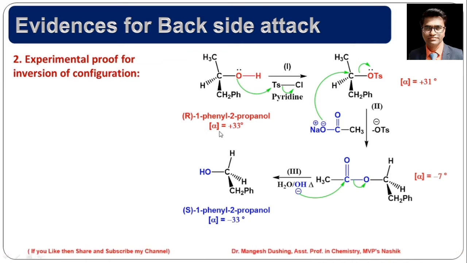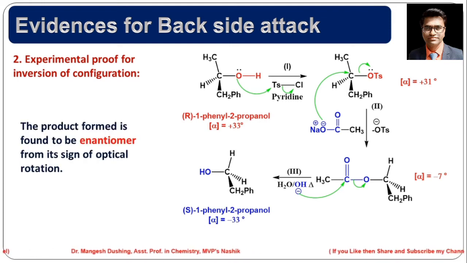So stereochemistry is inverted. R converts to S, or S converts to R. This clearly indicates an inversion of configuration. The product formed is found to be the enantiomer from its sign of optical rotation. So this is clear evidence for the backside attack of the nucleophile.